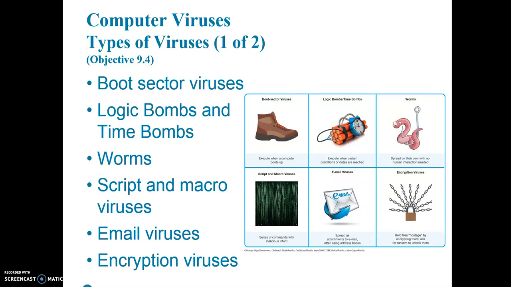They give you a certain amount of time in which to gather the money and pay them. Supposedly once you pay them, they'll send you a key which will unlock your files. It's a toss-up whether they're actually going to send you the key, because once they have your money, do they really care if you can open your files or not? Probably not. So they hold your files hostage by encrypting them, and then ask for a ransom in order to unlock them.